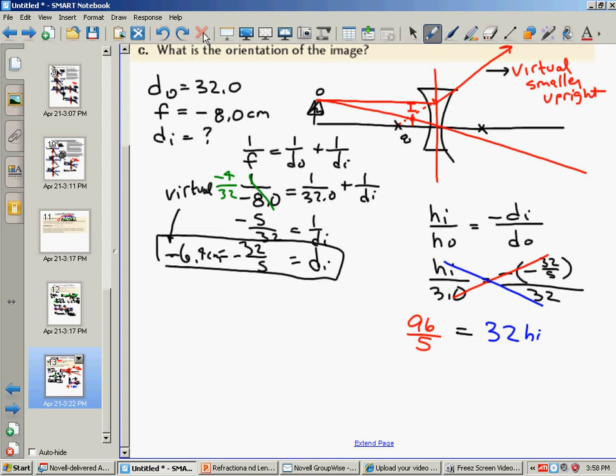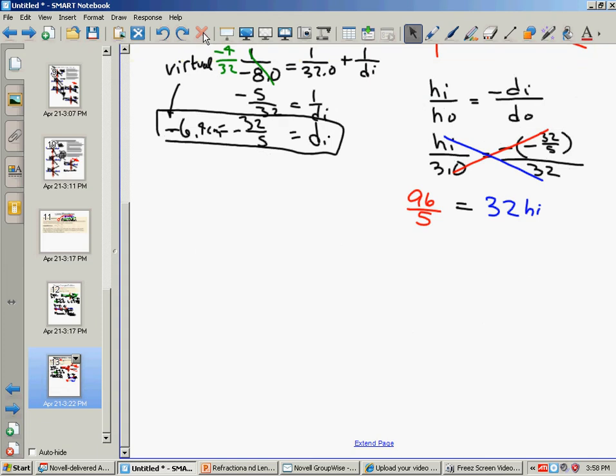So I divide both sides by 32. So I get hi equals 96 over 5, and I can just put the 32 down here, and this can come out of there, and that'll be 3. So I get 3/5. So hi is equal to 0.6 centimeters.